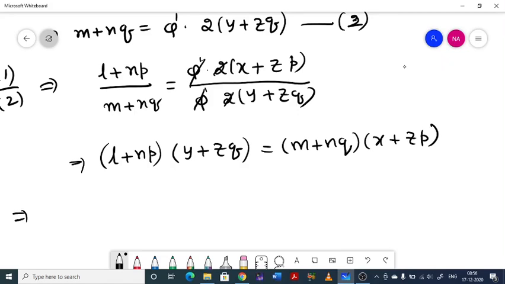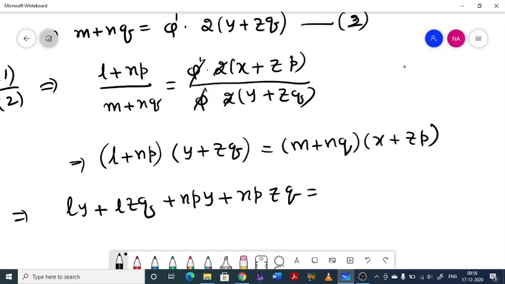If you multiply corresponding terms: Ly plus Lzq plus npy plus npzq equal to mx plus mzp plus nqx plus nqzp.